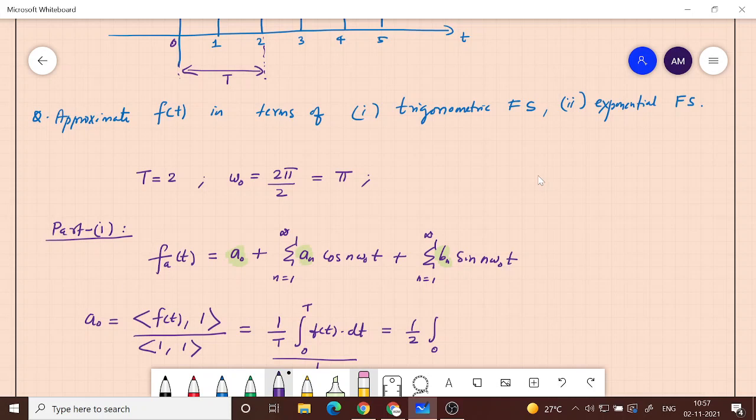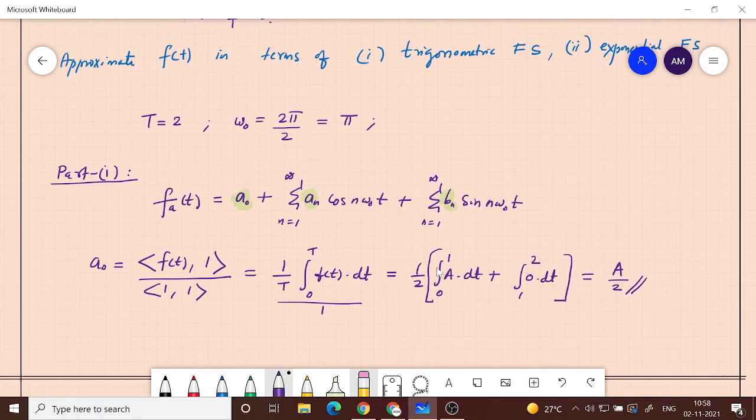So I can divide it as 0 to 1, it is a dt, and then from 1 to 2, it is 0 dt. So the integral of dt is t, and when you put the limits, you will get A by 2. Clear?